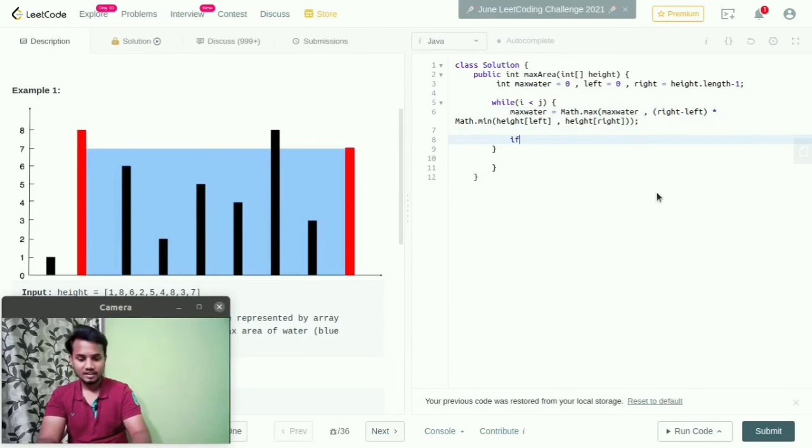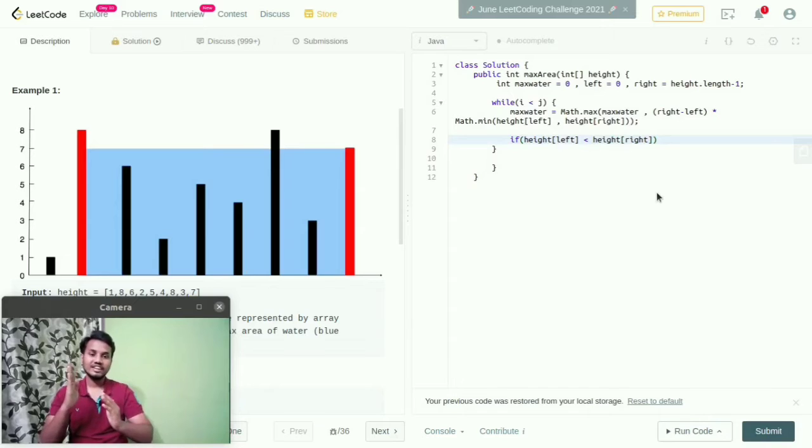In this, if height of left is less than height of right, that is, if the left container is less than the right container, then I need to increment left.